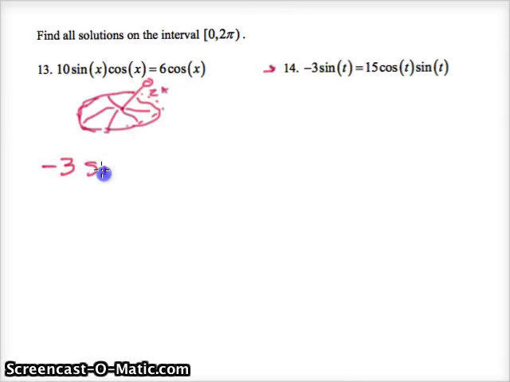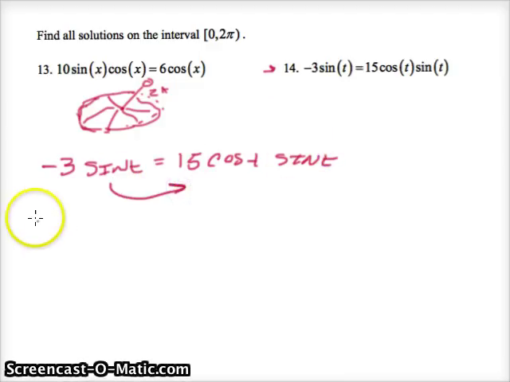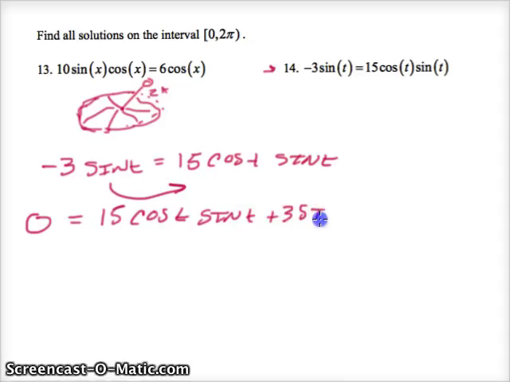-3 sine of t is equal to 15 cosine t sine of t. One thing we could do, we can move this part to the right side. 0 is equal to 15 cosine of t sine of t plus 3 sine of t.